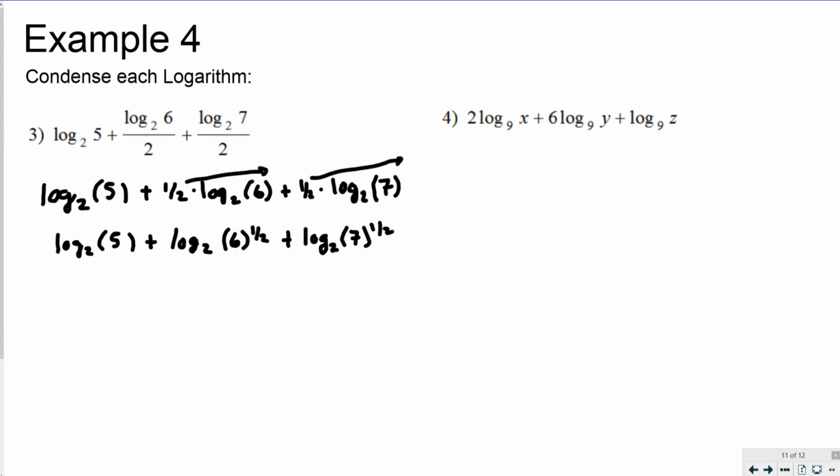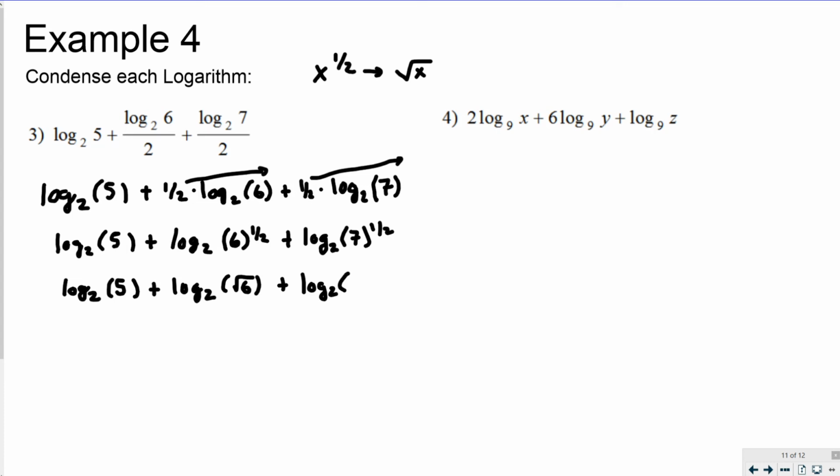Now, when you raise something like x to the 1/2 power, that is actually saying the square root of x. So what we have is, and it's going to take an additional line of rewriting, but I think that it's worth it for clarity's sake, the log base 2 of 5 plus the log base 2 of the square root of 6 plus the log base 2 of the square root of 7.